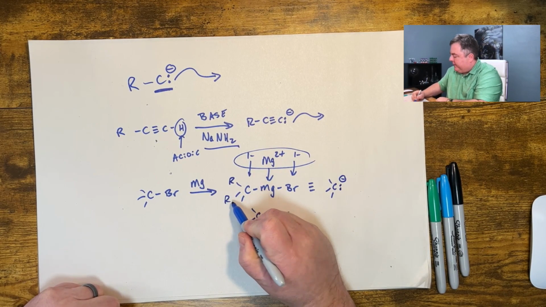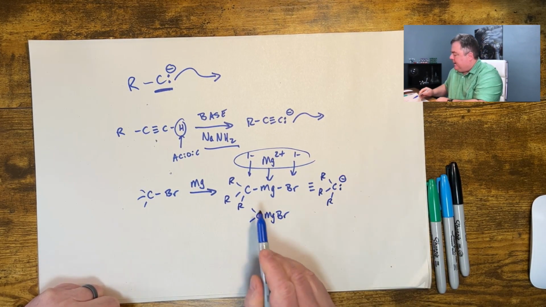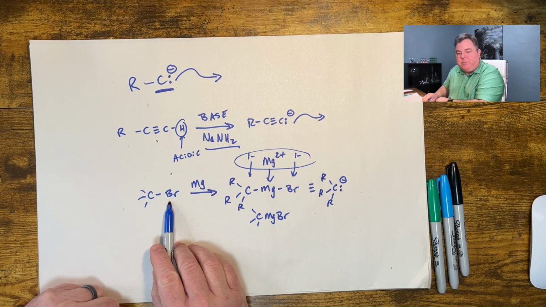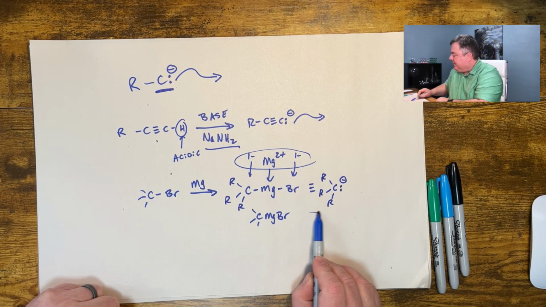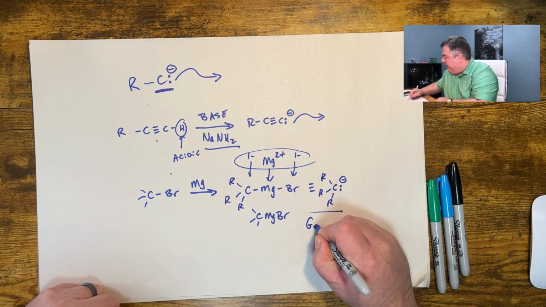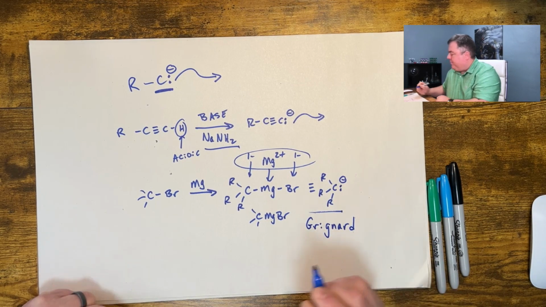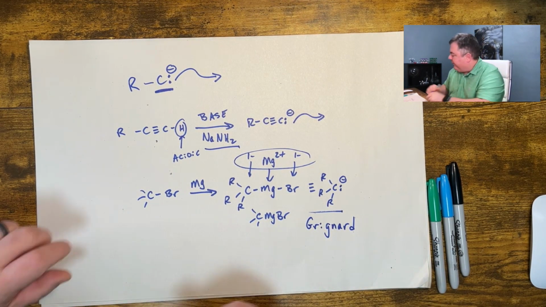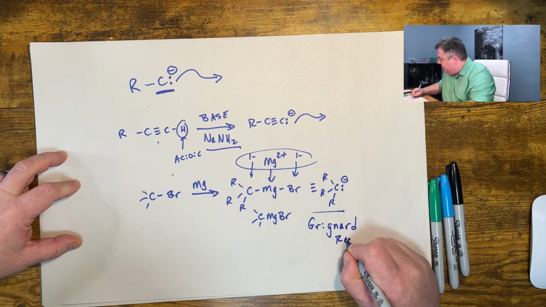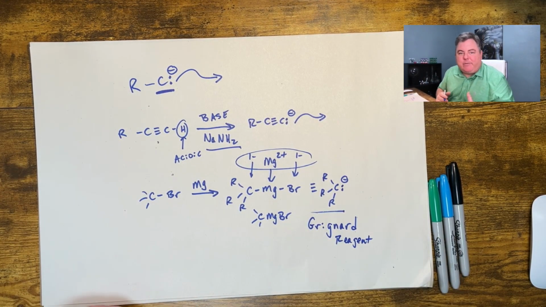So whatever's out here, we don't really care, the rest of the molecule. If you take a good leaving group like bromide and add magnesium, you can make a negative carbon atom. This looks like Grignard, but it's pronounced Grignard. This is a Grignard reagent. Victor Grignard was the scientist who first discovered these.